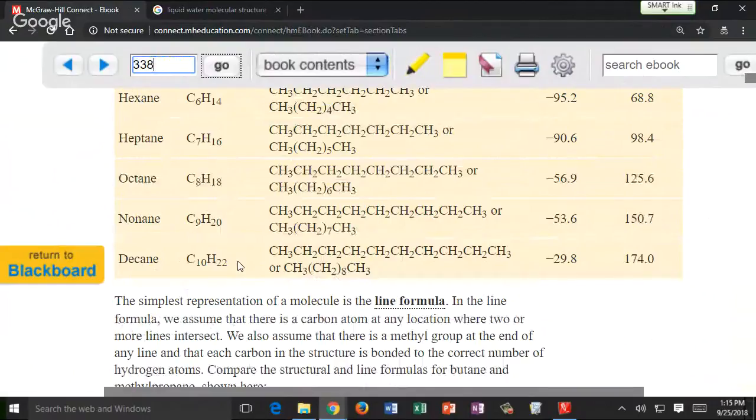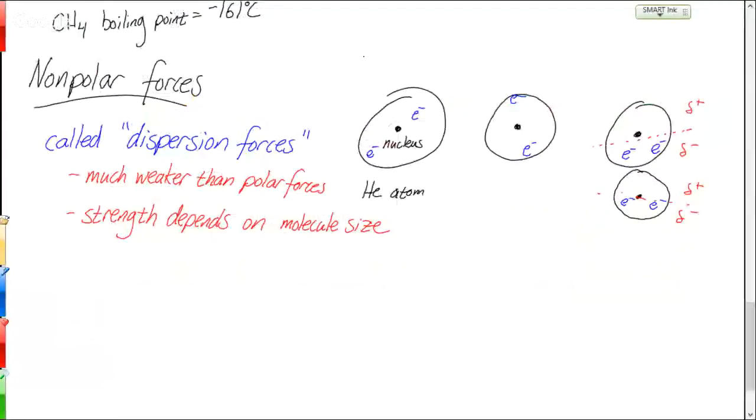So things like paraffin, like candle wax, those are totally nonpolar, but because the chains are so big, they have enough dispersion forces to actually hold them together and make a solid. So very big nonpolar molecules can still have high boiling points, but for comparable sized molecules, the dispersion forces, the nonpolar forces, are going to be much weaker.